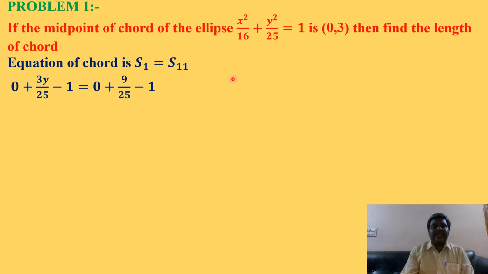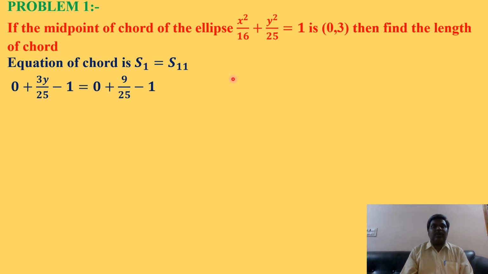That is S1 is equal to S11. What is S1? xx1 by a square plus yy1 by b square minus 1. S11 is nothing but x1 square by a square plus y1 square by b square minus 1. So you just substitute the point on the ellipse, we obtain S11. S1 is obtained by replacing x square by xx1, y square by yy1.